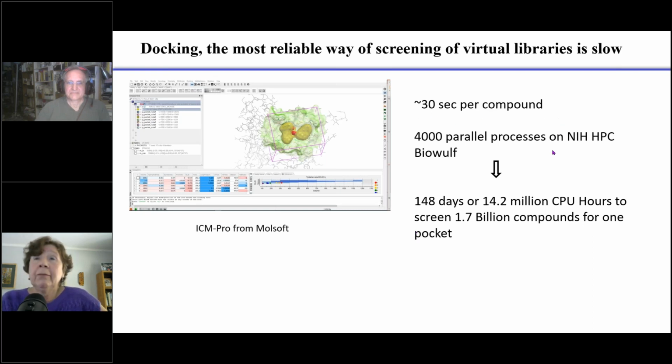We're lucky to have pretty good computational resources, but even so, running 4,000 parallel processes on an NIH supercomputer would allow you to screen this 1.7 billion compound library, for instance, in 148 days, and would take over 14 million CPU hours, which is not, of course, practical.